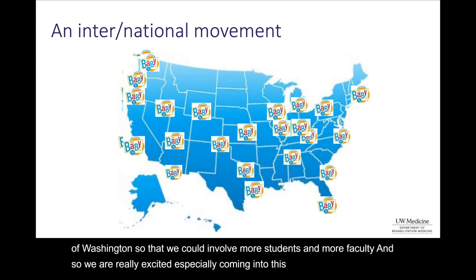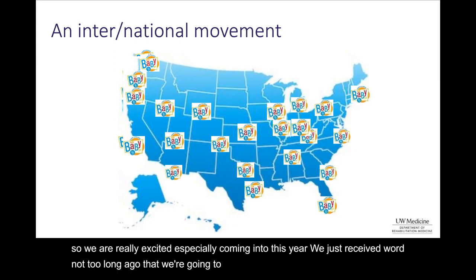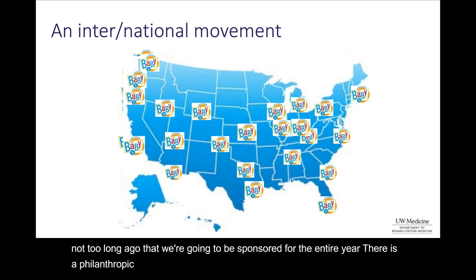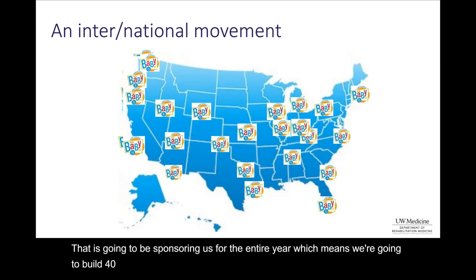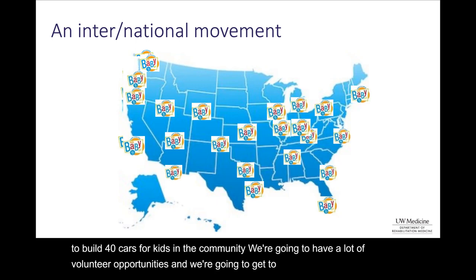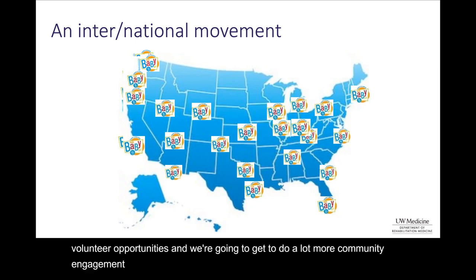We just received word not too long ago that we're going to be sponsored for the entire year. There is a philanthropic education research organization that is going to be sponsoring us for the entire year, which means we're going to build 40 cars for kids in the community. We're going to have a lot of volunteer opportunities, and we're going to get to do a lot more community engagement and some program evaluation. So we're really going to use this year as a huge development year for Go Baby Go.